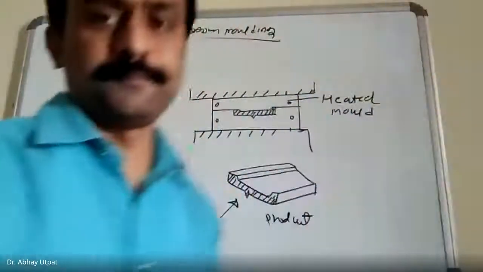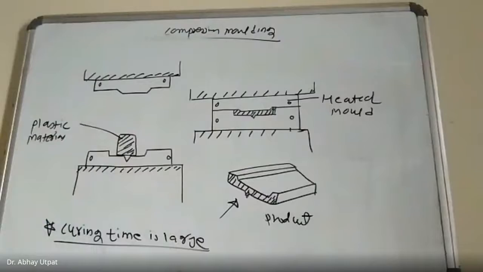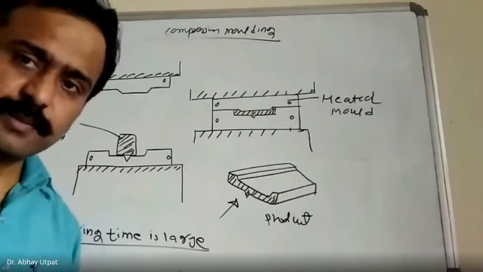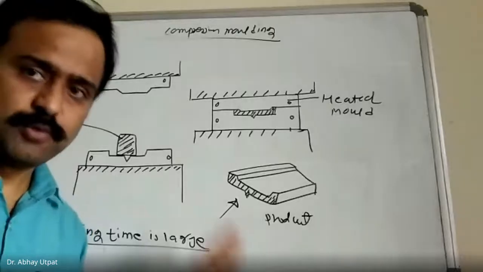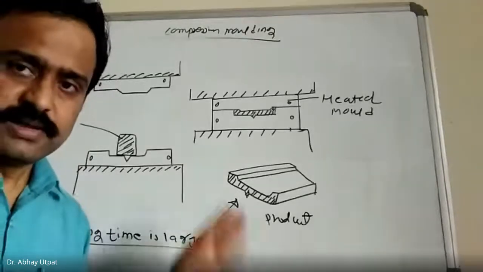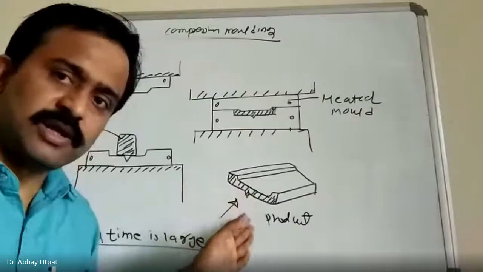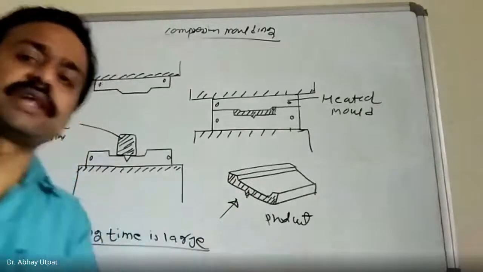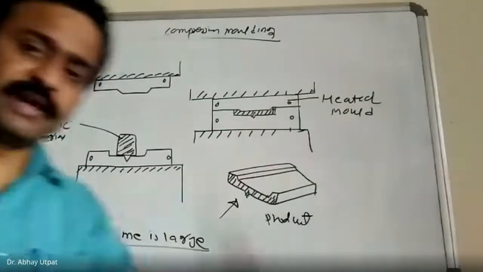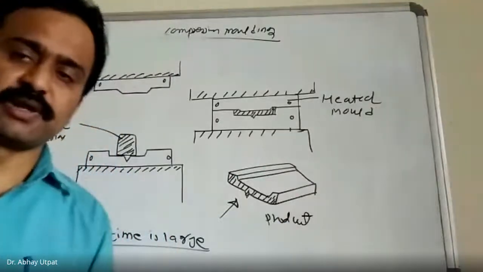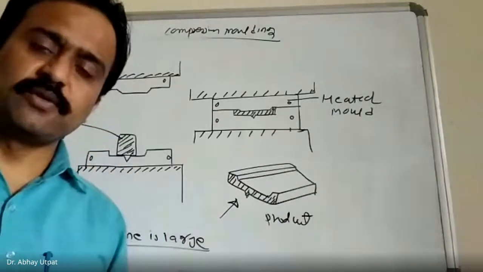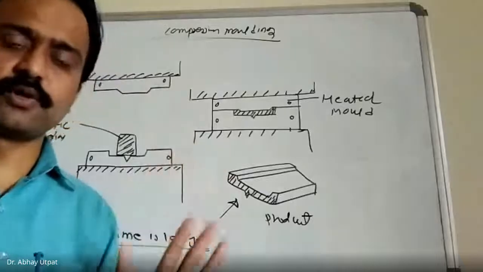Now, I hope you have drawn this figure. I'm going to erase it. So if some limitations of flowing of material are there, compression molding is advanced to the next technique. That next technique's name is transfer molding. Transfer molding works on the principle of compression molding only.